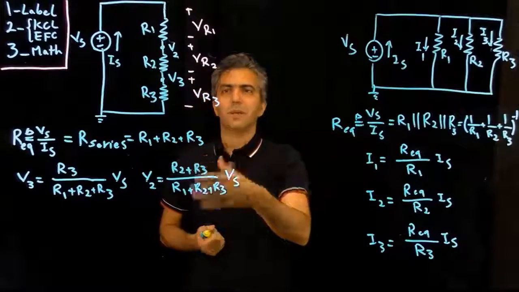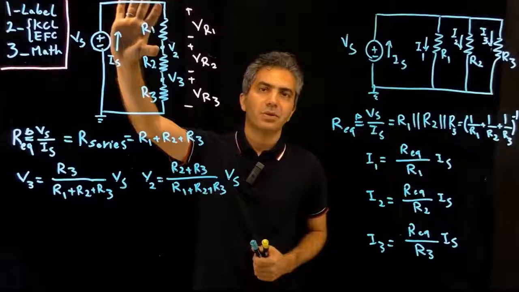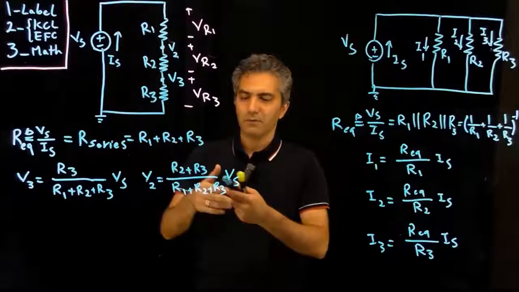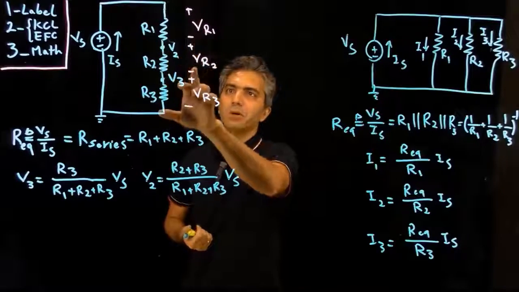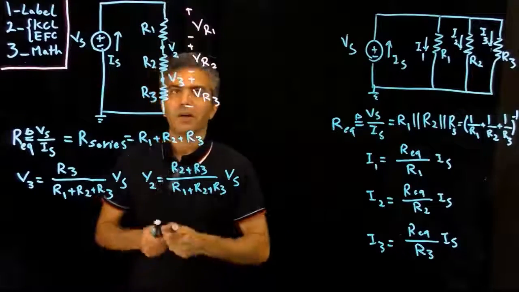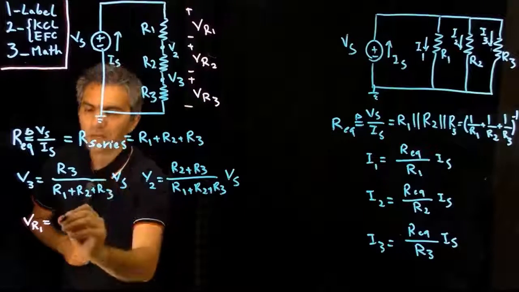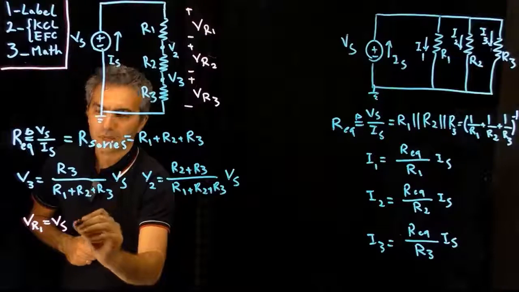There's another way of explaining this. You can define voltage as the potential difference across each component. And if you do that, and you call that VR1, VR2, and VR3, which basically the way that we're defining them is that, for example, VR1 is Vs in this circuit minus V2.